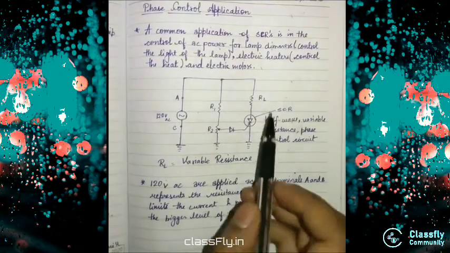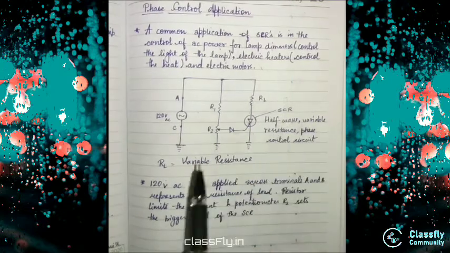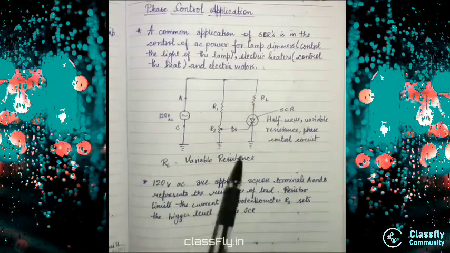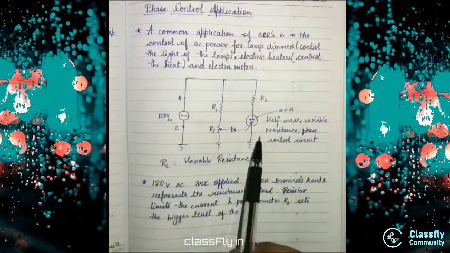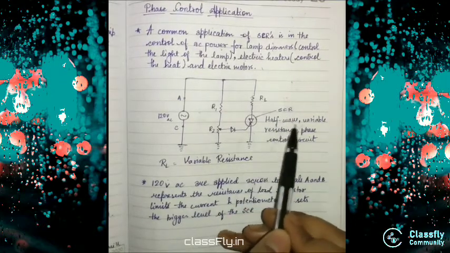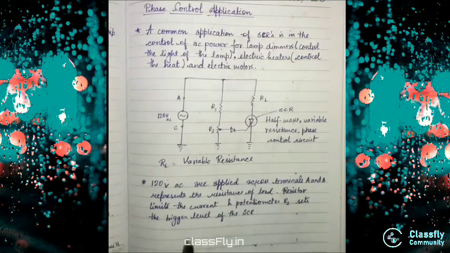So here is a similar diagram to that, but there are two things. A 120 V AC voltage is being provided, and there is a variable resistance connected serially with the thyristor, and the SCR will work in the half wave, that is the positive half, and this will be a phase control circuit.